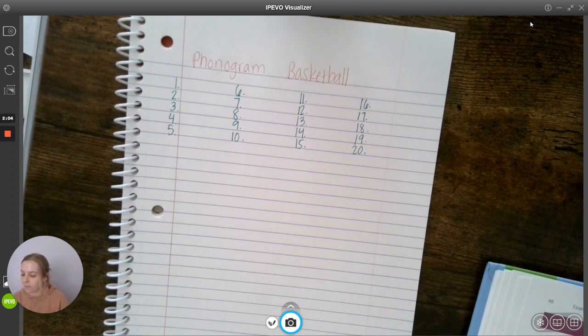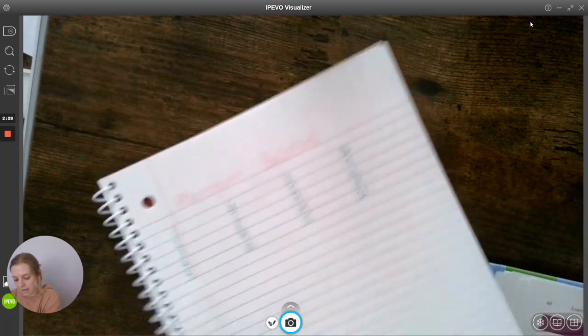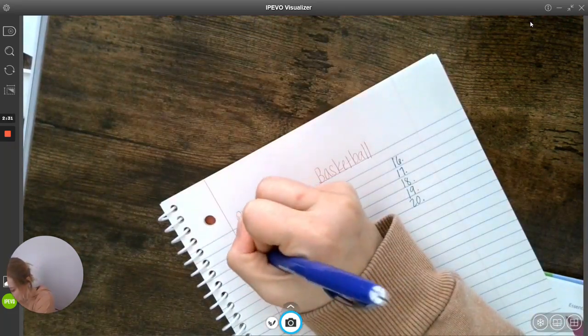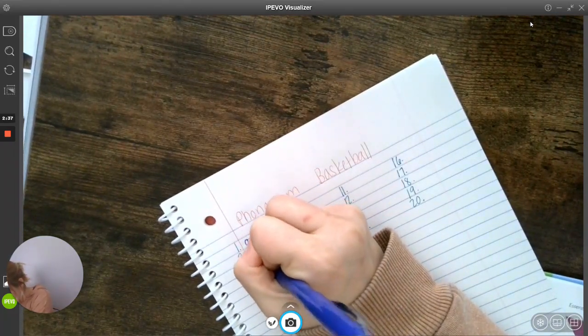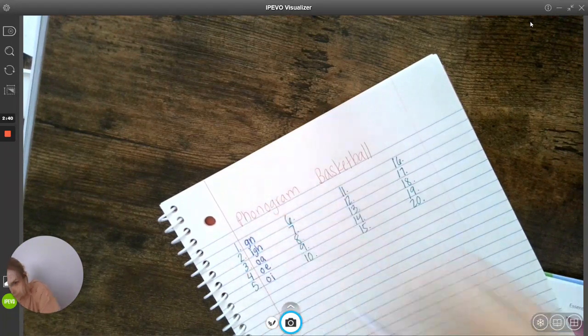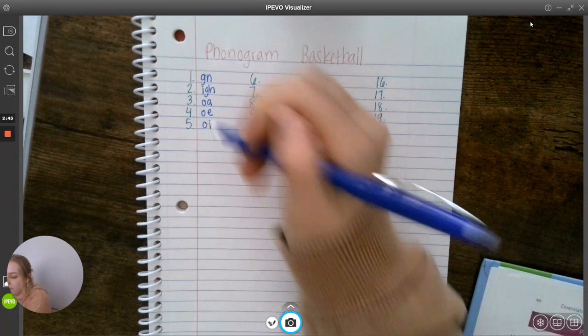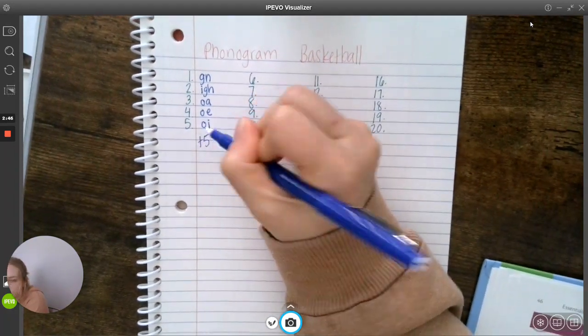Number 4, oo, that may be used at the end of English words. And number 5, oi, that may not be used at the end of English words. And for the answers, if you got all of those right, you get 5 points.